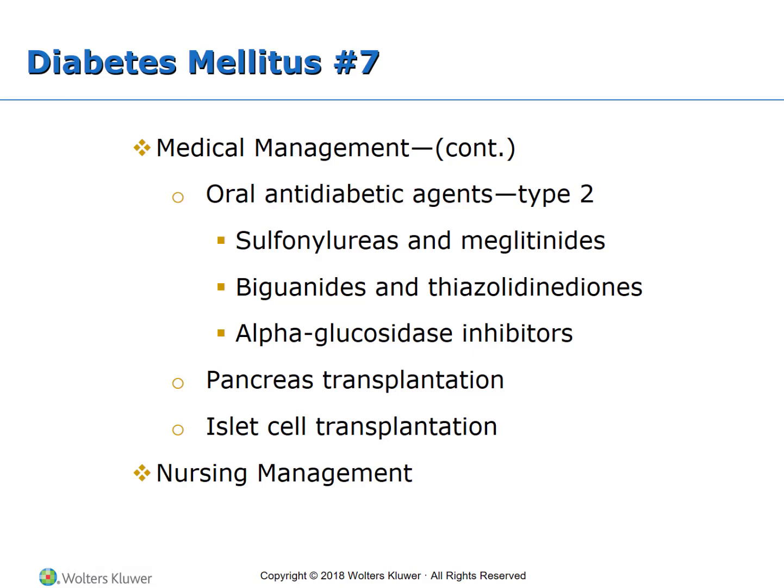Then the cell will seek an alternative source of energy, which is going to be the fats and proteins. And then when these are broken down, ketones are formed, right? And for type 1 diabetes, when ketones are formed, it will result in ketosis and acidosis very quickly and will put them in a bad situation, what we call diabetic ketoacidosis.